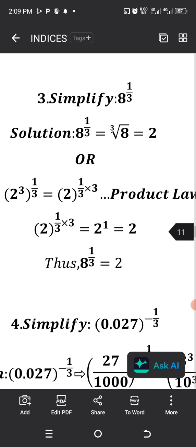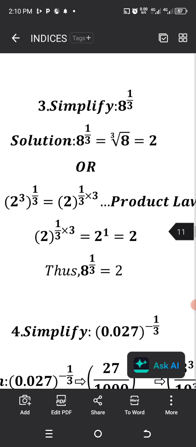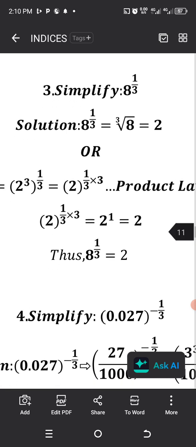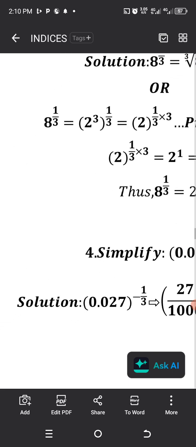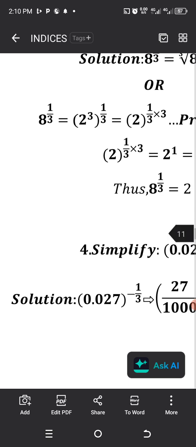And the third example is 8 raised to power 1 over 3. It's very simple. Recall I said earlier that there's something we call cube root. So this is cube root. If you find the cube root of 8, it is actually 2. This is another way you can solve it. You change that 8 to index form, let's say 2 raised to power 3, multiplied by the power outside, that is 1 over 3.